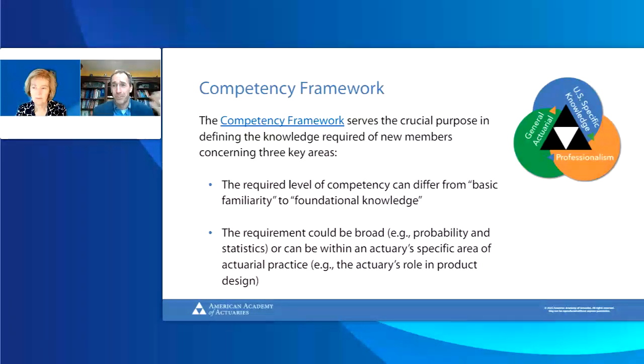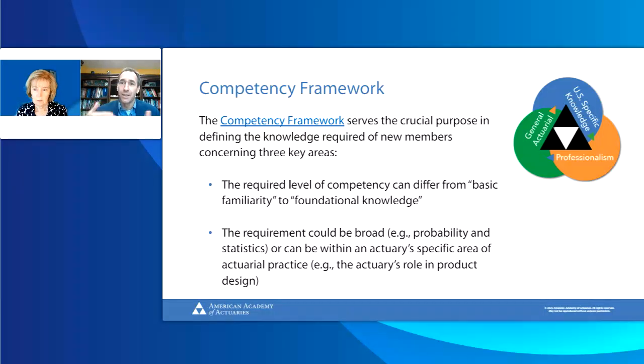I think everybody on this call would likely agree that having a really good knowledge of probability and statistics is pretty much fundamental to being an actuary. But there are other areas where the knowledge that's expected from the competency framework is within your specific area of actuarial practice.